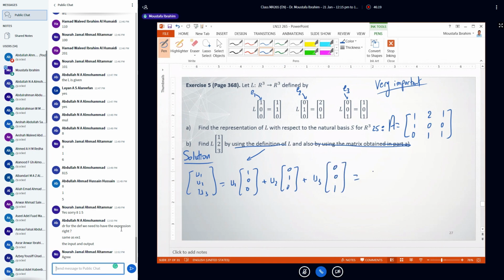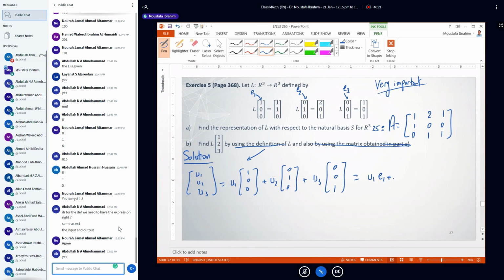We can always write it as u1 E1 plus u2 E2 plus u3 E3, correct? We didn't do anything. So in particular, (1,2,3) equals 1 E1 plus 2 E2 plus 3 E3, isn't it?